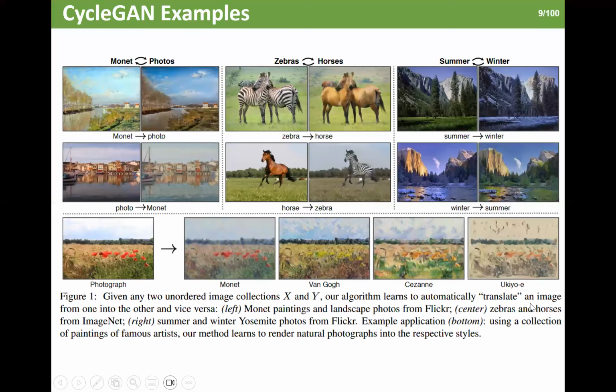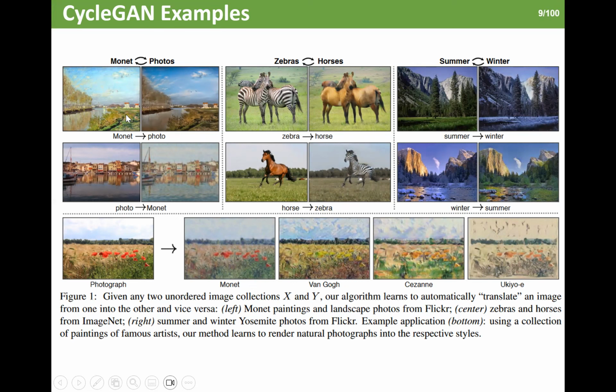Again, one thing you can do with GANs is, from a photograph, you can generate an image that's in the style of Monet or Van Gogh. Okay, so this is very popular.